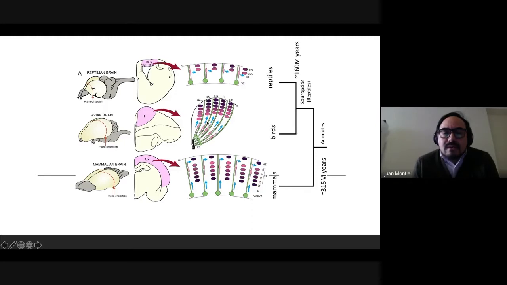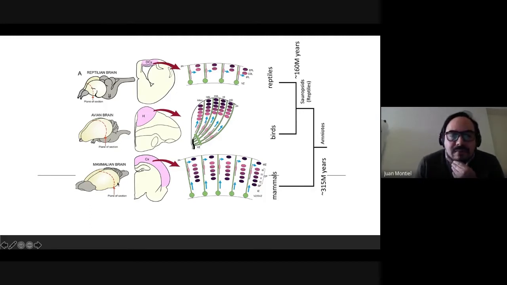And also the gradient of migration is outside-in. What does that mean? That means that the oldest neurons are located at the surface, and the later neurons are located deeper and deeper. And that is different in the mammalian brain.